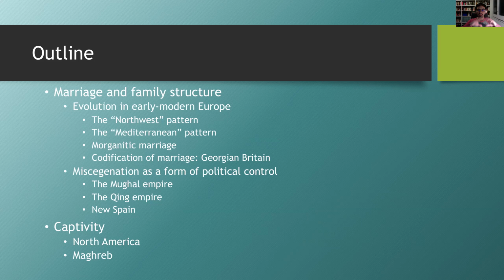Then, after examining these various aspects of marriage, with a look at the evolution of the process in Europe and miscegenation as a form of political control, we're going to explore the issue of captivity. And I will define captivity as the kidnapping of people of European descent. We're going to look at these kidnappings in North America and the Maghreb.